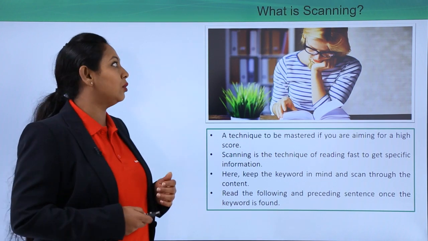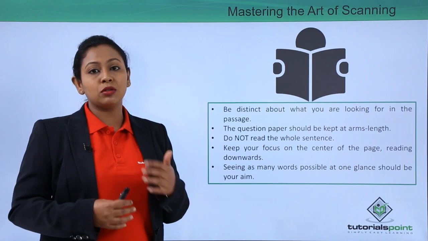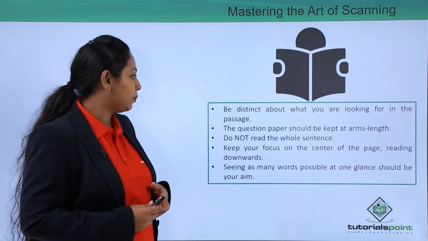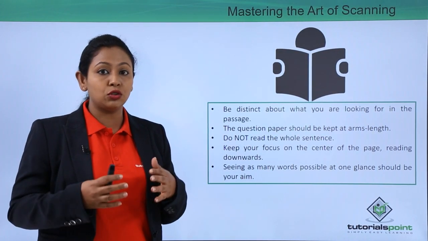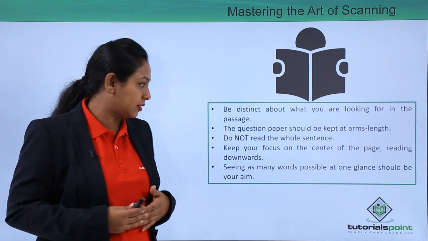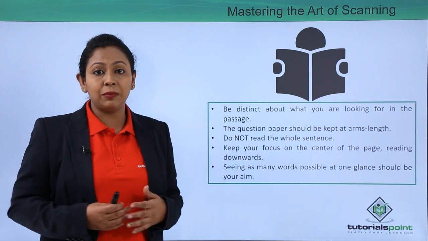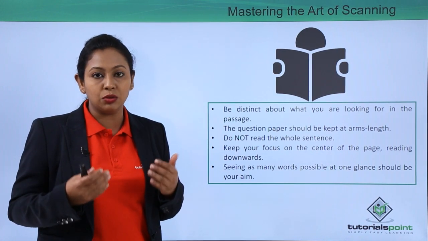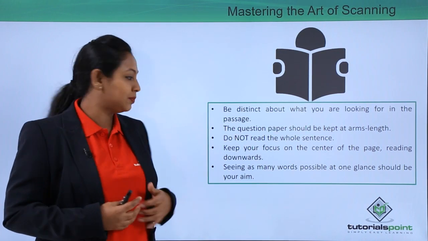So now let me tell you how you can master this art of scanning. This happens only with practice and with the help of these few tips. Be distinct about what you're looking for and be very specific that you look for only those particular things. The question paper should be held at arm's distance, simply because you will be able to see more words. If the paper is closer to you, your vision will be restricted to fewer words.